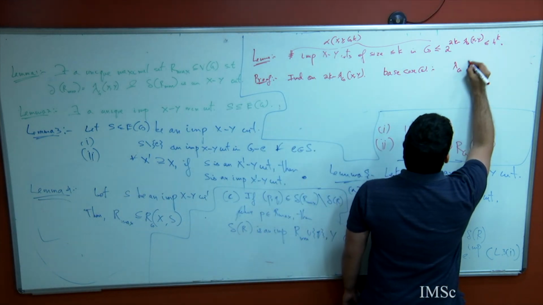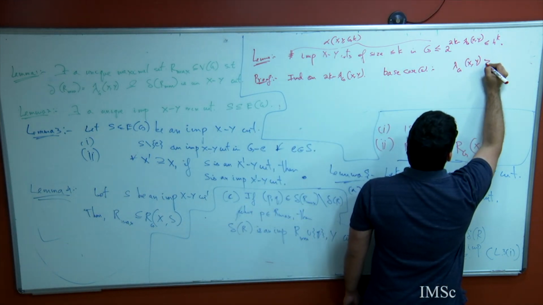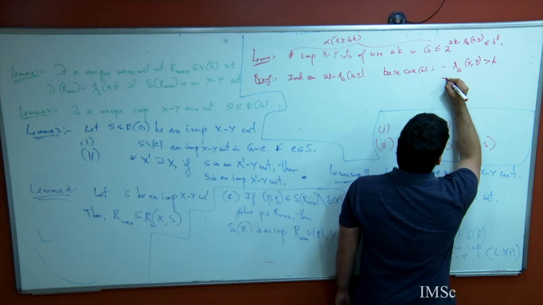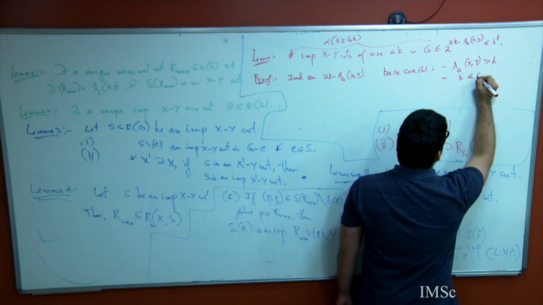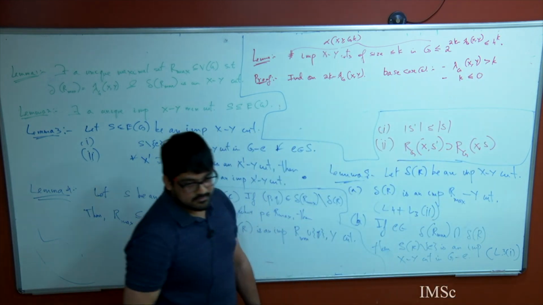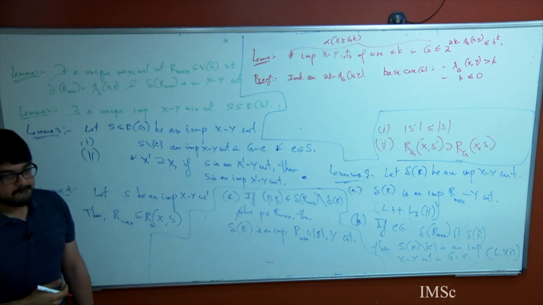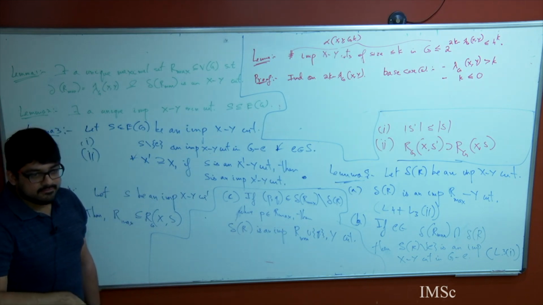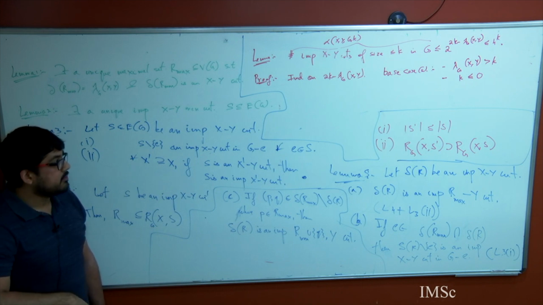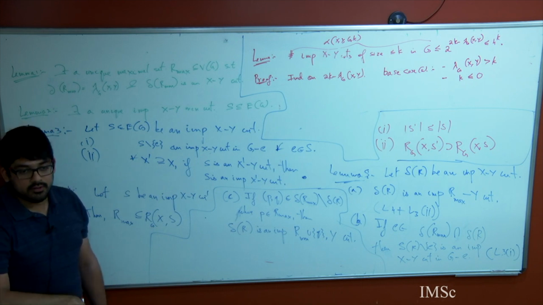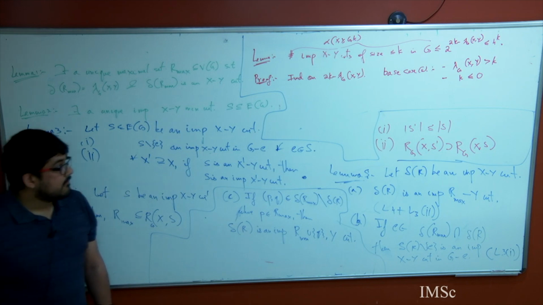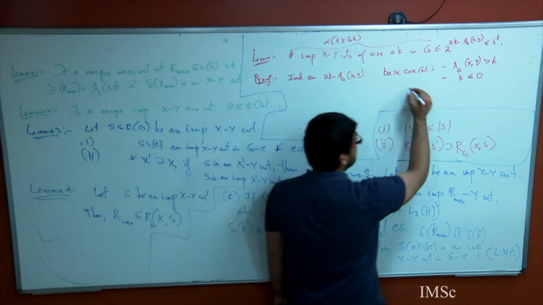So that's one base case. Well, what if k is at most 0? Then again, either there are no cuts of size at most k or the empty set is the only one. So these are the base cases.